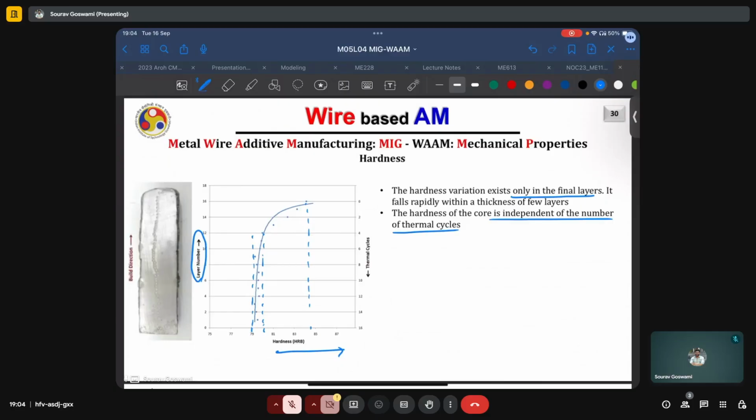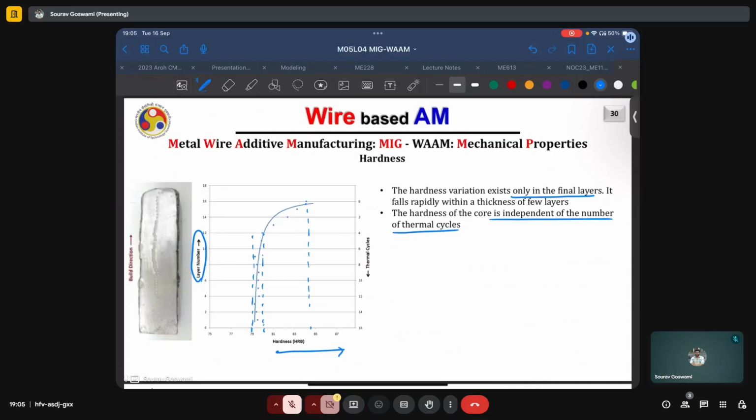When the pre-built layers conduct away this heat, the temperature there may also increase. In some cases, appreciably, even up to the point that in the next immediate layer, it may even reach the melting point itself. And in the few layers below it, it can reach recrystallization temperature, or say even up to half of the melting point. These are the thermal cycles.